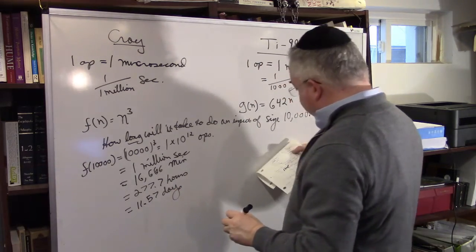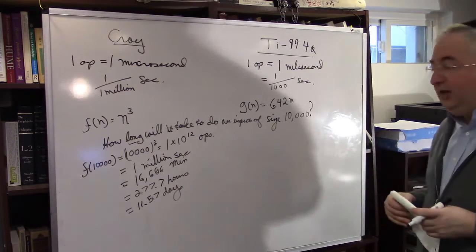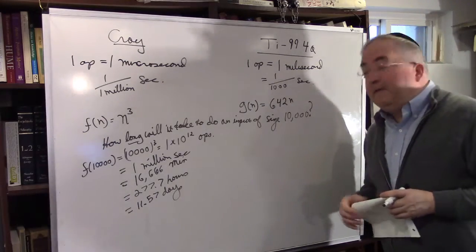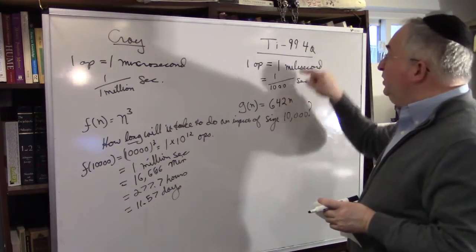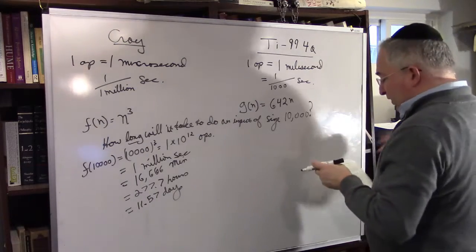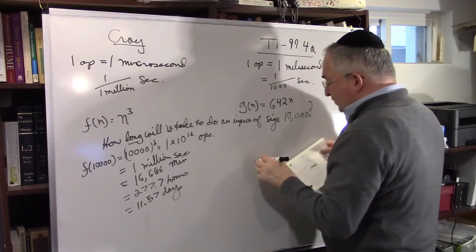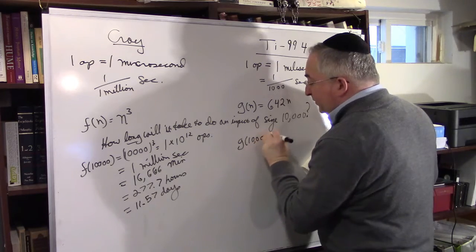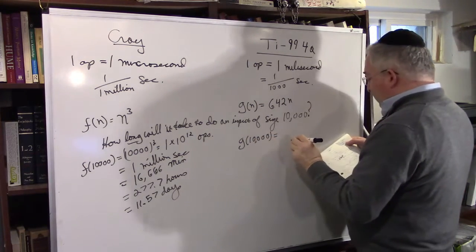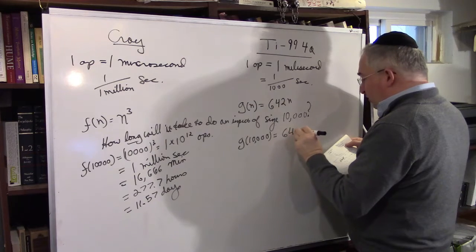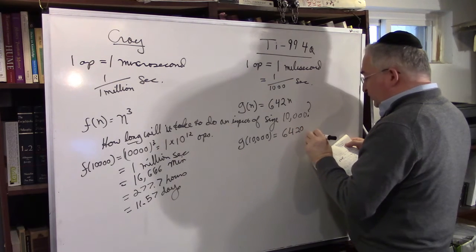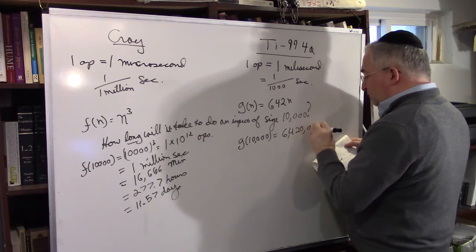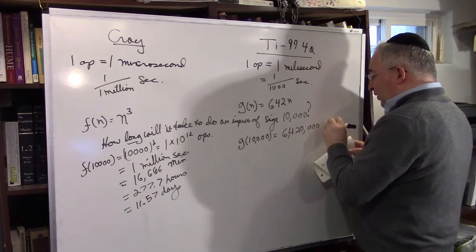That's great. In contrast, how long will it take this algorithm to do it with my Radio Shack computer? And the answer is G of 10,000 is equal to 6,420,000 operations.